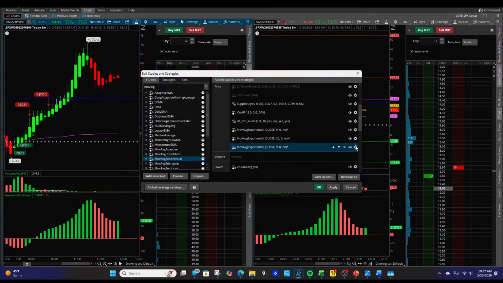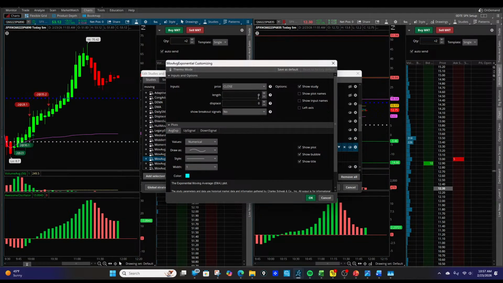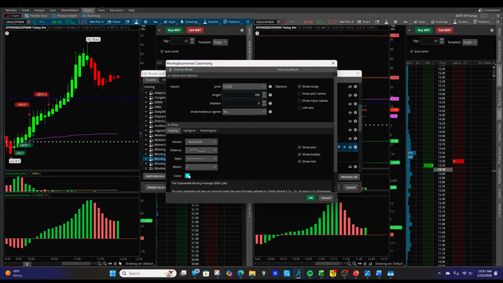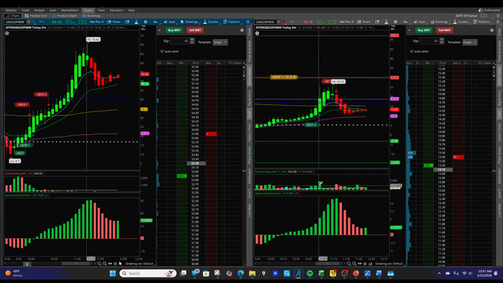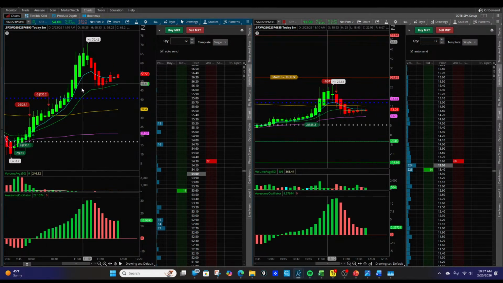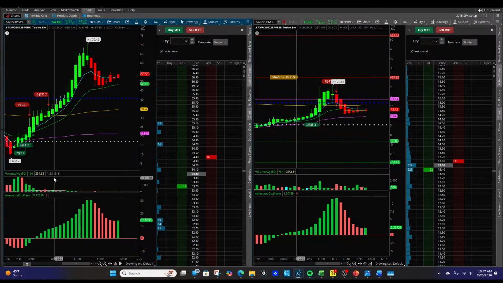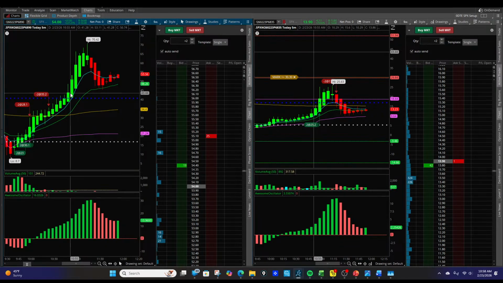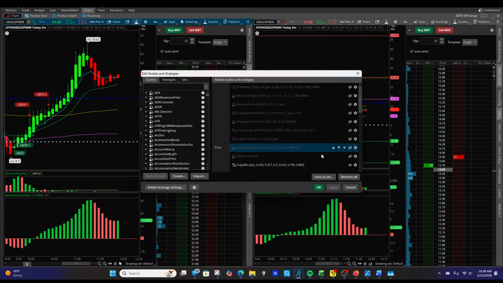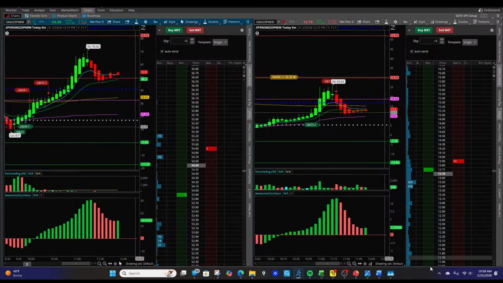Okay, then I like to have gold for the 200. Okay, they're more spread out here, if you notice. And let's put in our SVE pivots. It's kind of getting crowded now, which I don't like, but I want to see these areas.